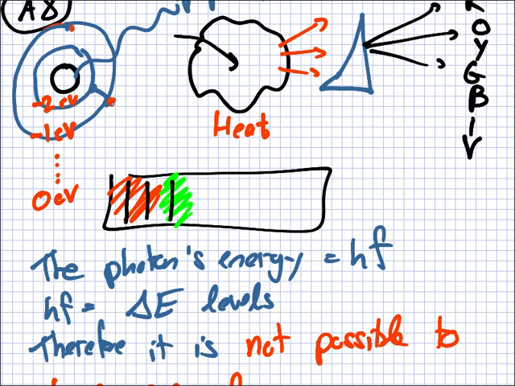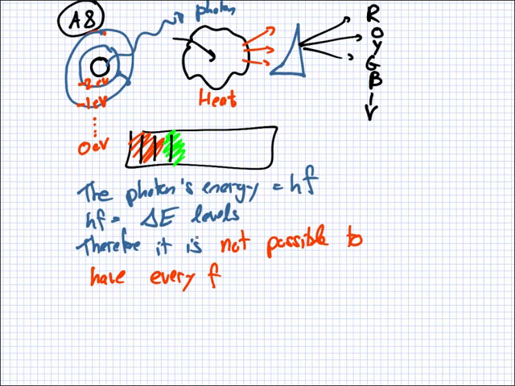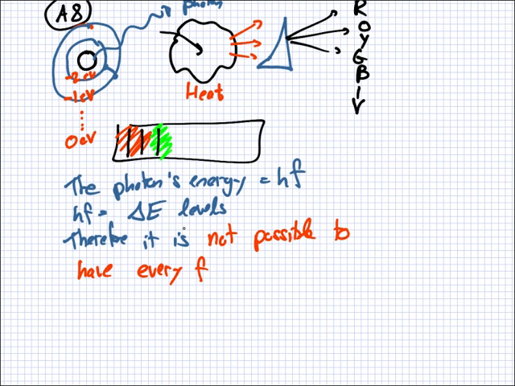No. I can go from 2 to 1. Maybe I could go from 3 to 2. Maybe I could go from 6 to 2. But maybe I can't go from 1 to a half. So that's why some of them are missing. Yeah. Okay. So I think that answers that.